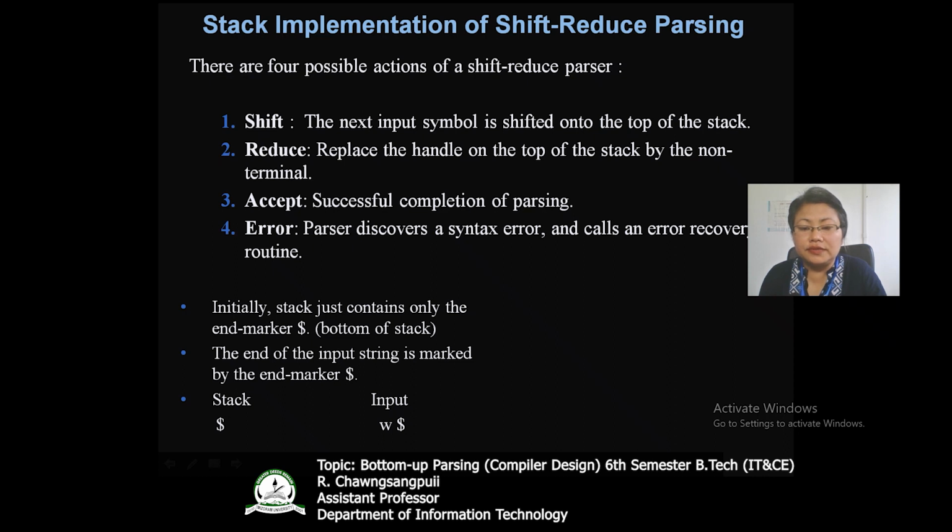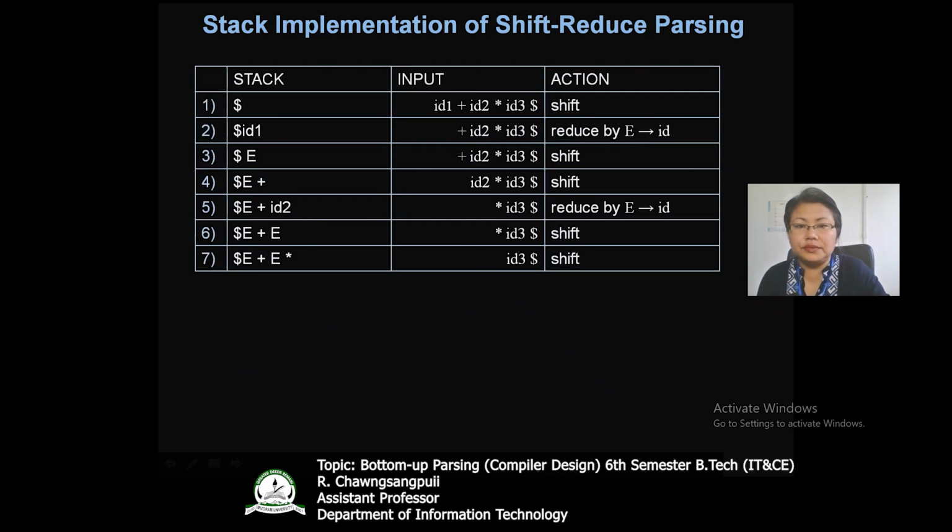The end of the input string is also marked by the end marker, which is $. So inside the stack we will have only $. Dollar indicates the bottom of the stack or the end marker, and in the input string we are going to have W, which is the string, and the $. Now in the stack we have the $, and the input string is ID1 plus ID2 into ID3 followed by the end marker $.